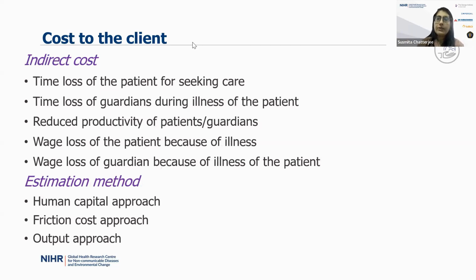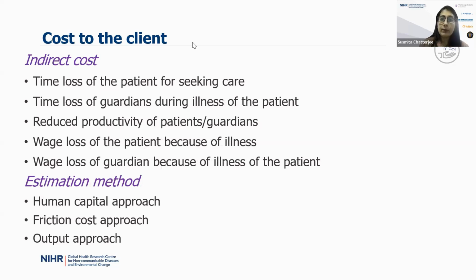There will be a travel time for the person, and a travel time for an accompanying person, if there is any. There will be a waiting time in the PHC, and a doctor's consultation time. And then there will be a travel time back home, right? This is the whole circle.